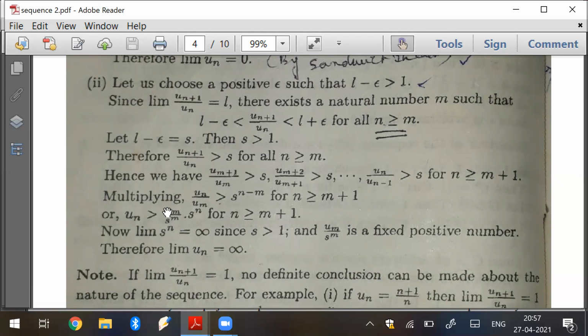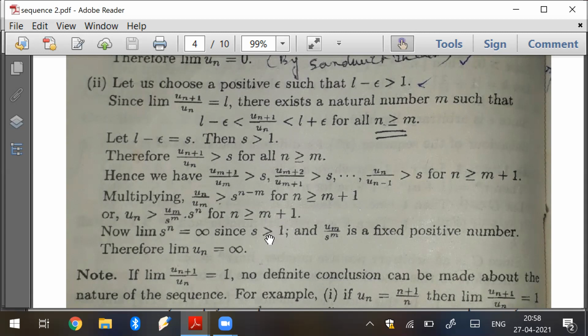This part is a fixed constant, and S to the power n is directly in n. Now you see S is greater than 1, and you go on taking S to the power 1, S to the power 2, S to the power 3 like this. So it is going on increasing, going towards infinity. That means it is diverging, only because S is greater than 1.